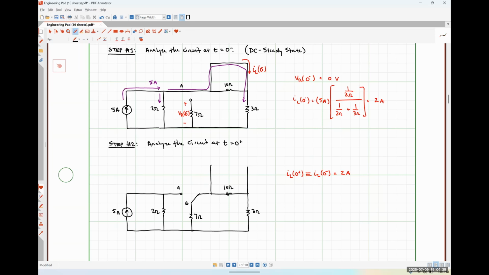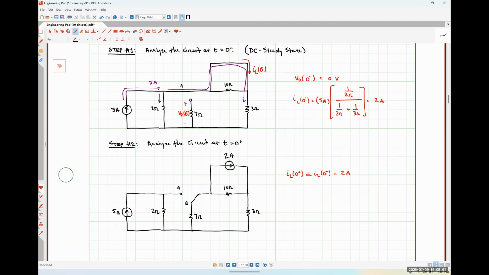So I'm going to replace my inductor with a current source where the current direction is going to be the same direction as IL was defined, which is flowing left to right through the inductor. And it's going to have the same value as the inductor current had at t is equal to 0 minus, which happens to be 2 amps.